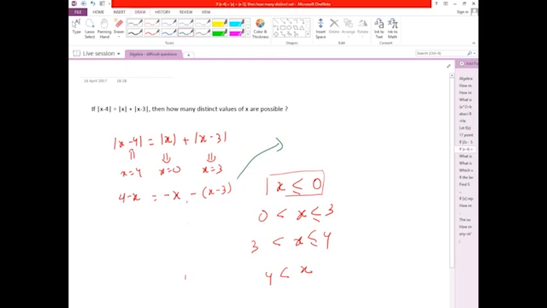If you solve this one, this becomes x equal to minus 1, I think, if I didn't make a mistake. So you get x equal to minus 1, which is in this particular range. So this becomes an acceptable solution to us. If the answer had been x equal to plus 1, we would have rejected that solution because this equation is valid only for x less than or equal to 0. So that's how you can solve for all these ranges.